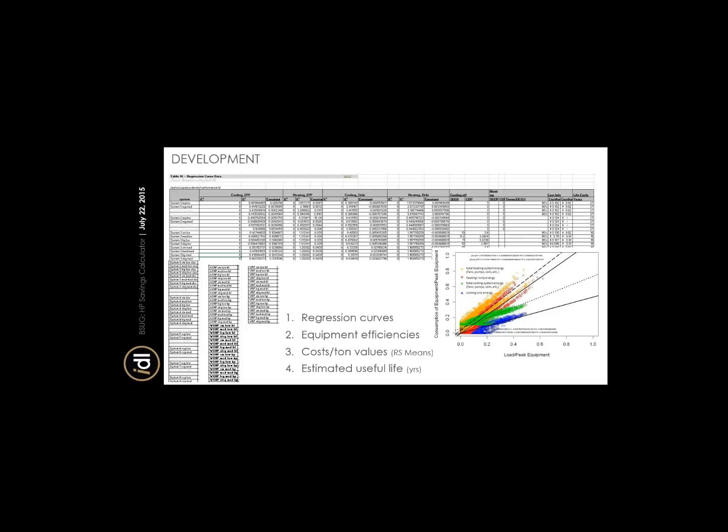So we're taking that down, running the regression curves, and that's what we're putting in our tool, which you can see here, the big table of all the system types with all their different curves.